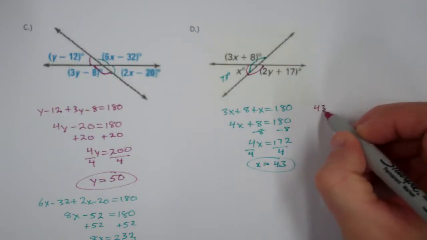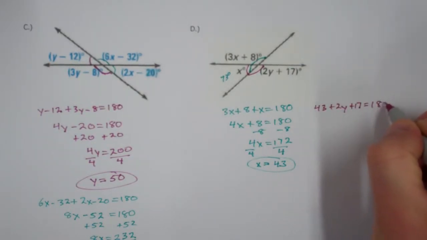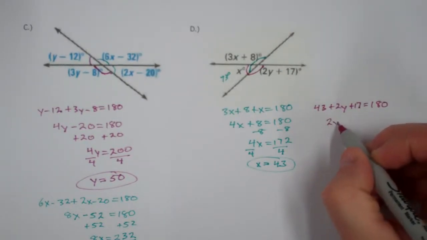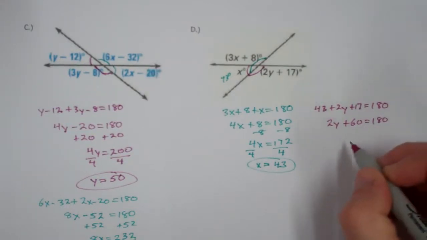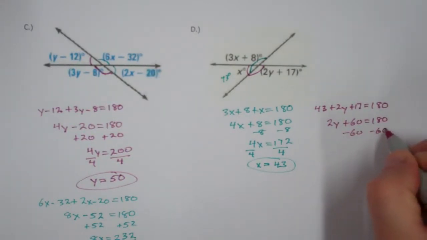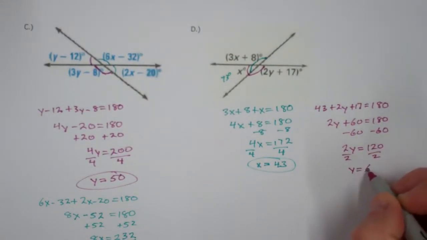So we could do 43 plus 2y plus 17 is equal to 180. We'll combine like terms. 43 and 17 is 60. Subtract 60 from each side. 2y is equal to 120. Divide by 2, and y will be 60.